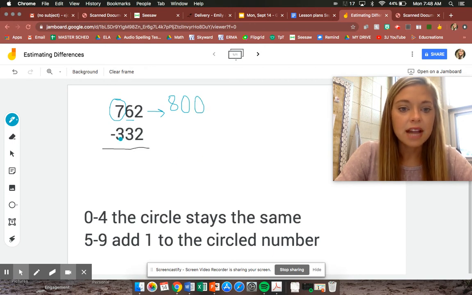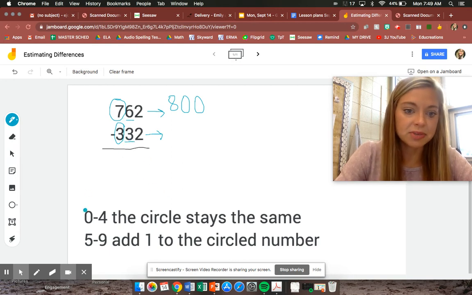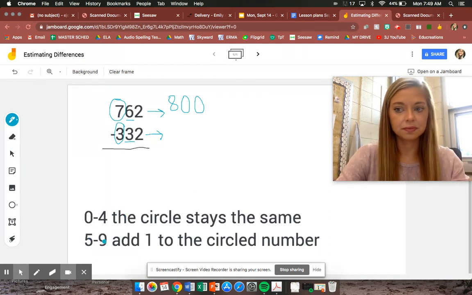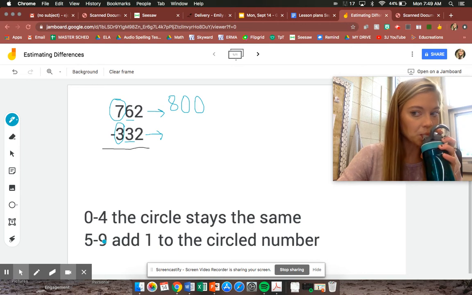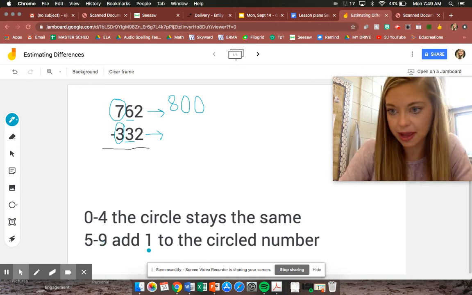Okay, now we have 332, rounded to the nearest 100. So we're going to circle the 3 in the hundreds place because we're rounding to the 100. Move to the right and underline it. Now is 3 in between 0 through 4 or 5 through 9? And if it helps you to write down a number line on your worksheet, you can definitely do that.